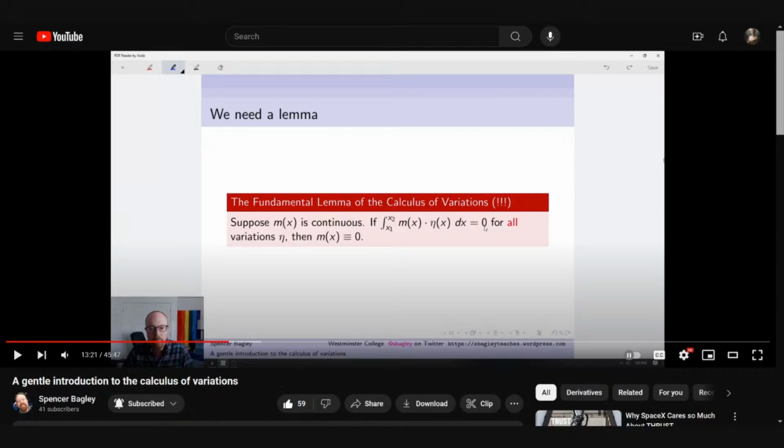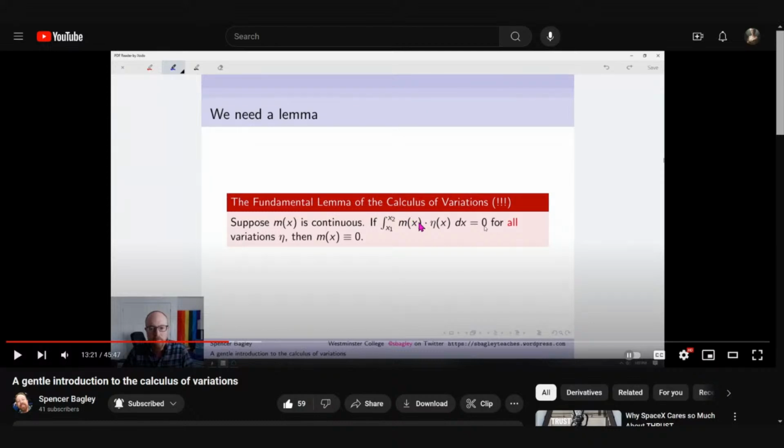Why? There could be positive and negative areas, right? When you do area, there's area under the curve and over the curve. Under the curve is positive area, over the curve is negative area.